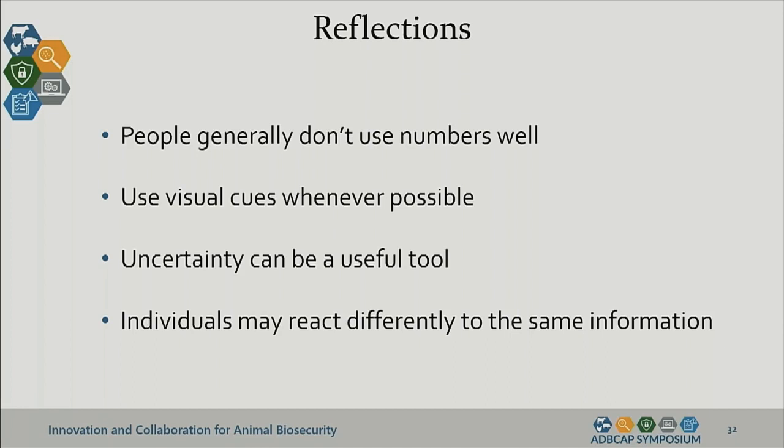As Luke mentioned, this uncertainty component is really fascinating in how it works. It could be a tool that we can use to increase or change behavior using uncertainty itself. But we have to be cognizant that some people take the same message and react in exactly opposite ways with the exact same information.